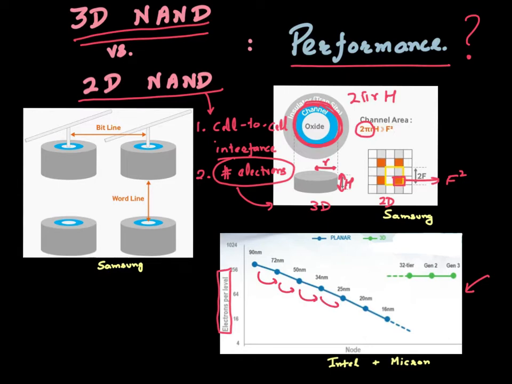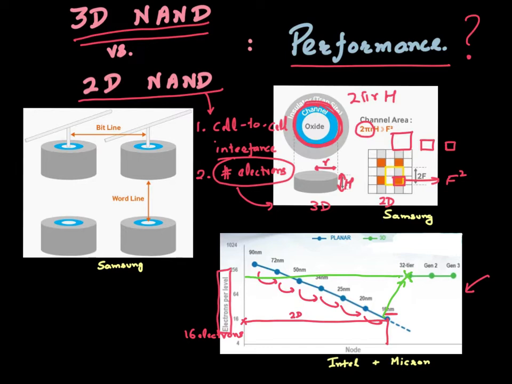As the feature size was shrinking, the area available to store charge was going down, and you can see at the 16 nanometer node of 2D NAND flash memory, you had roughly just 16 electrons available to distinguish one level from another. Now, when the industry moved to 3D NAND flash memory, suddenly you have a much larger area to store charge, and hence many more electrons available per level of this multi-level cell.